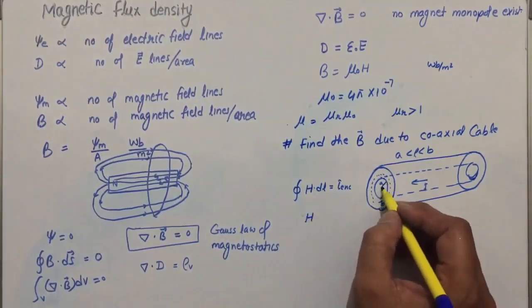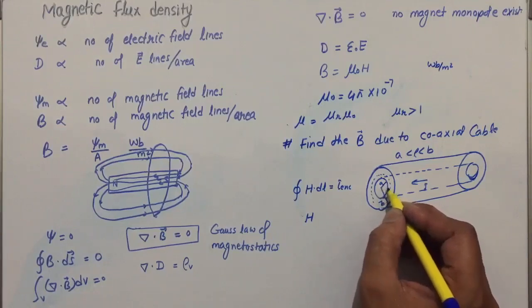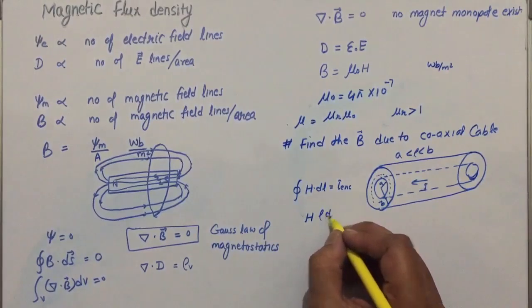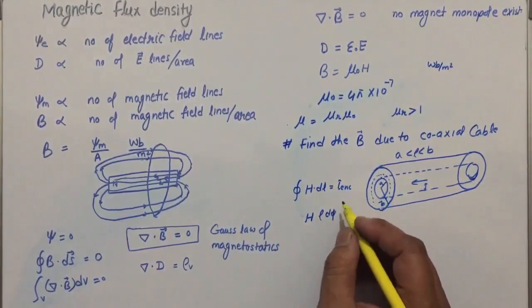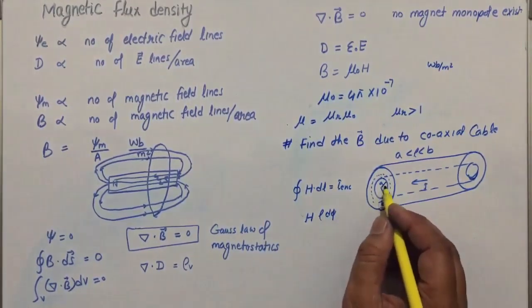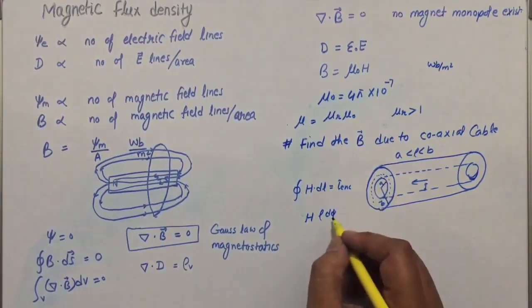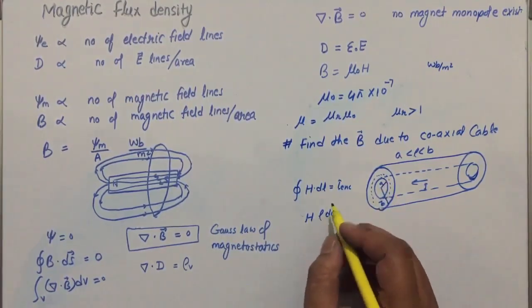In this case, for example, we are talking about this length, so dl can be written as rho d phi. H will be in the direction of phi, so the dot product will give you 1.